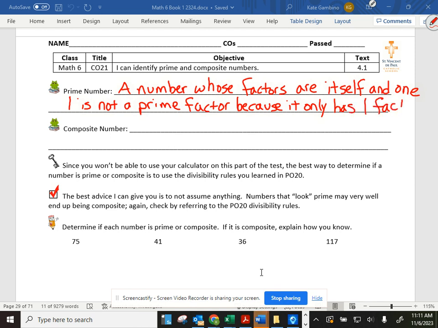So in order to be a prime number, we can't divide it down anymore.